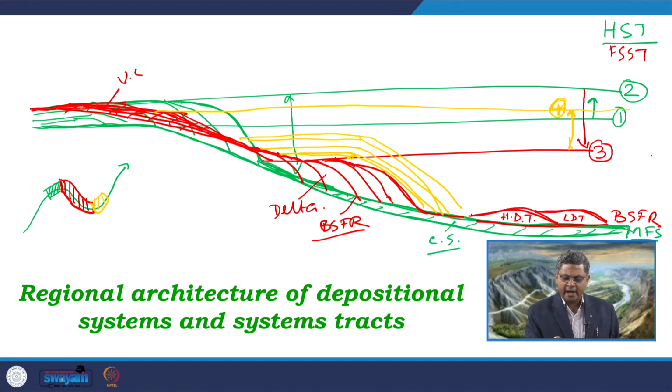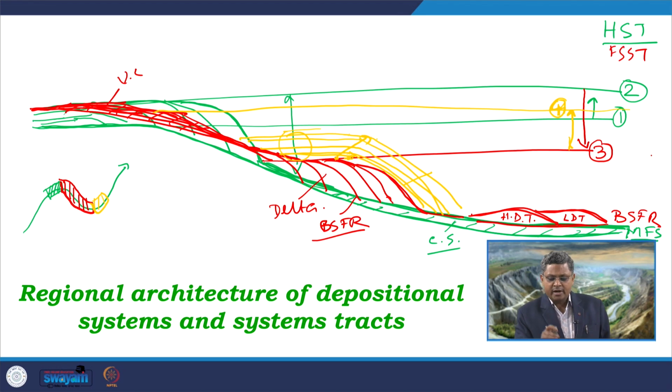The shoreline, which was lying somewhere here, is moving in this direction. So it is a progradation, and we are getting a delta forming over here, as well as the fluvial system onlapping, going back gradually as it is aggrading.